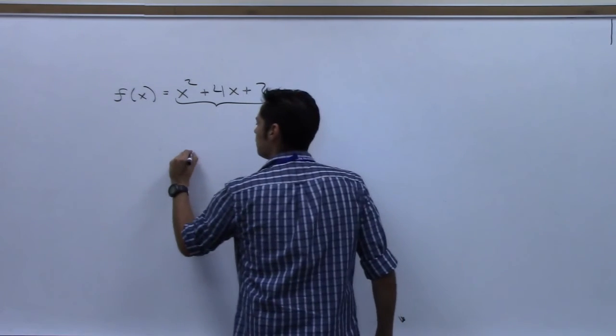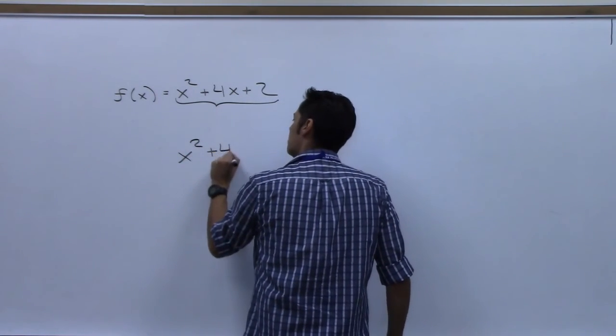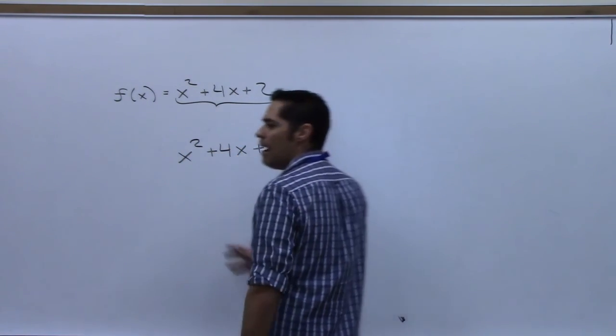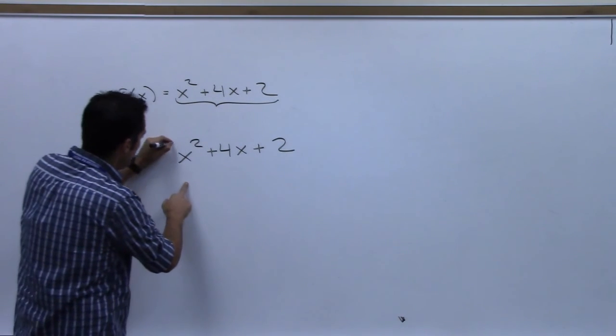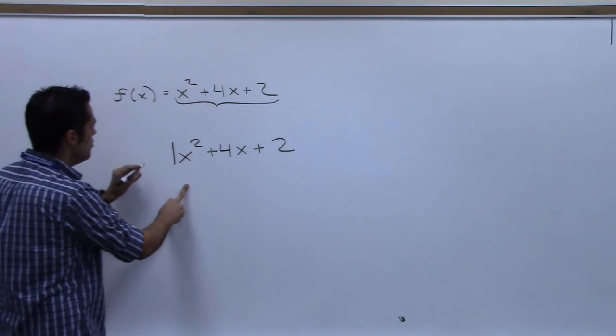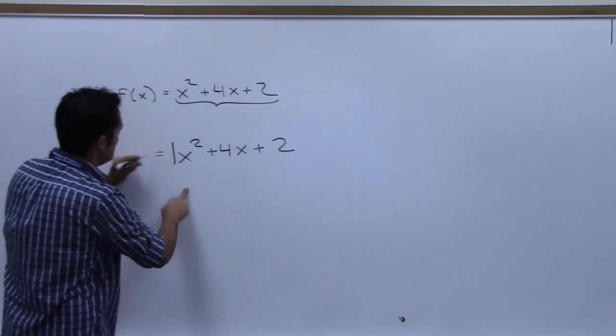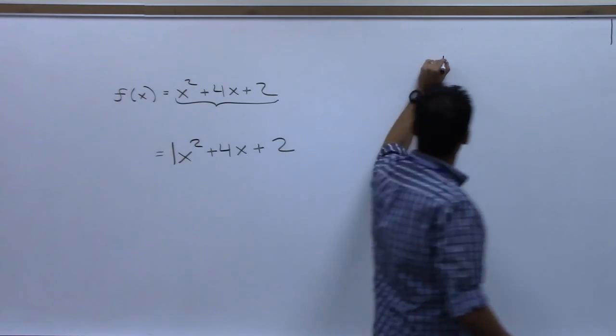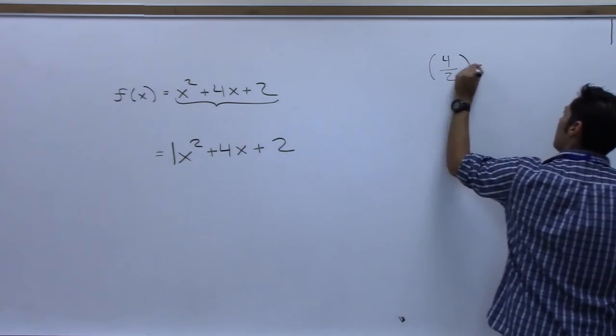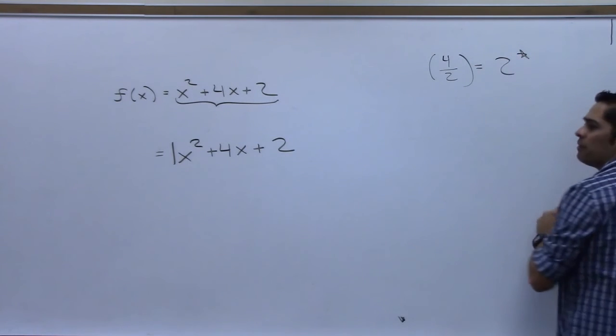So how do I do that? Well, here's how you do it. I'm still going to make sure that I have a 1 here, which I do, right? Okay, so I've got a 1. I'm going to write it here just to stress to you that it's there. This equals, so that equals this. And then I'm still going to take that number 4 and divide it by 2. That's going to give me 2. That's still going to be a magic number for me.